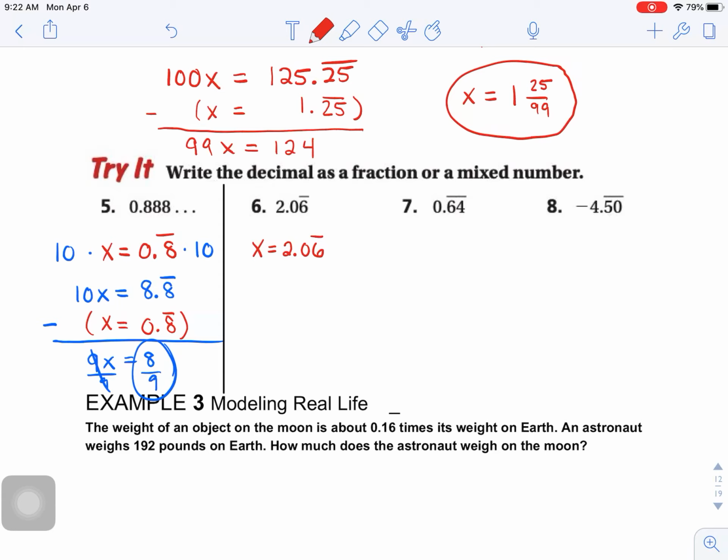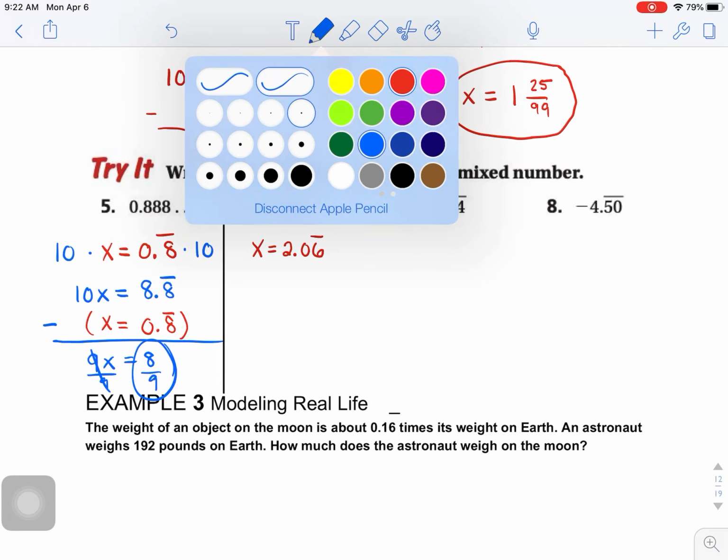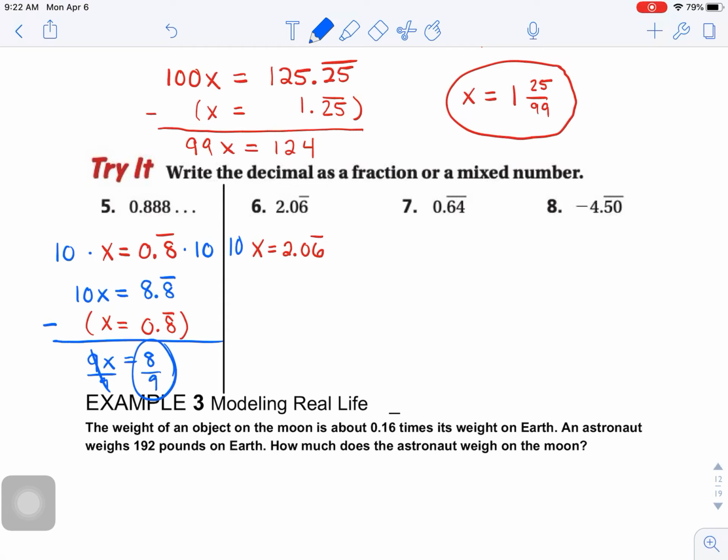There is one number repeating, so I am going to multiply by 10. That would give me 10x equals 20.6 repeating. I'm going to subtract the original.